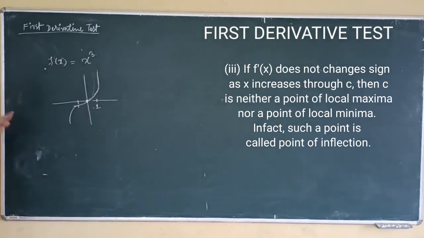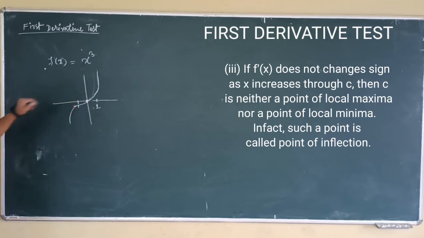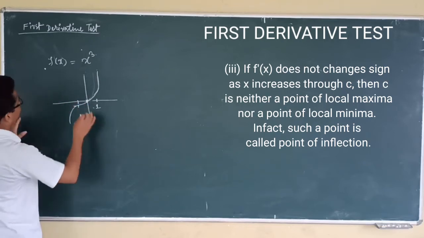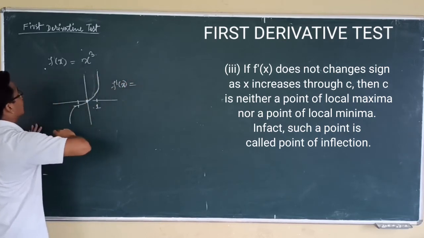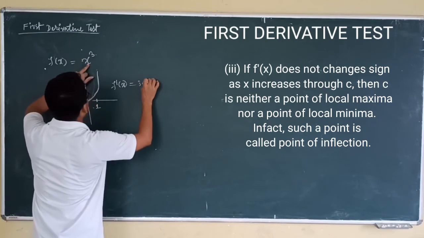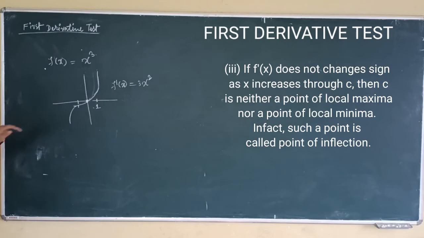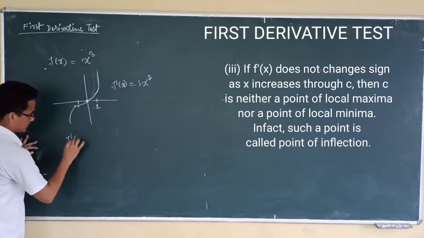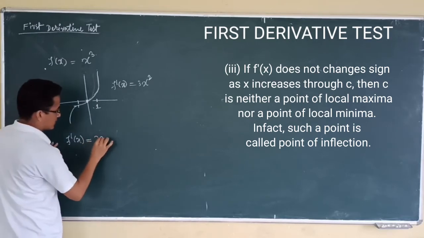Now if I put the values in f dash x, we will get 3x square. This is f dash x, equal to 3x square.